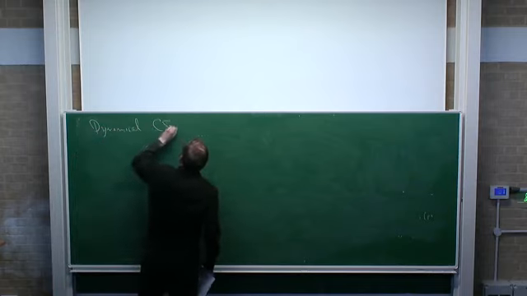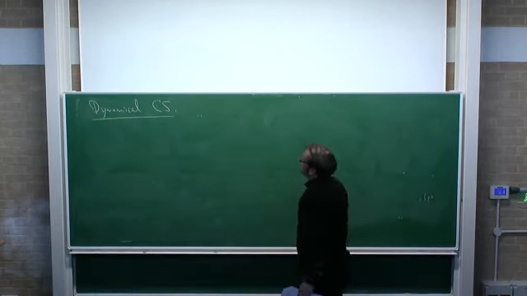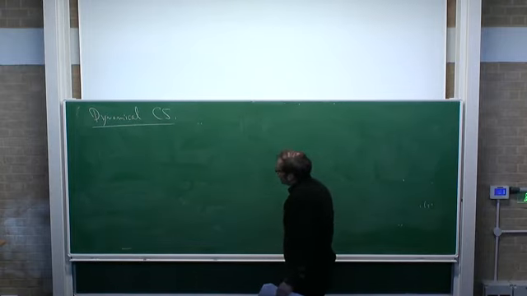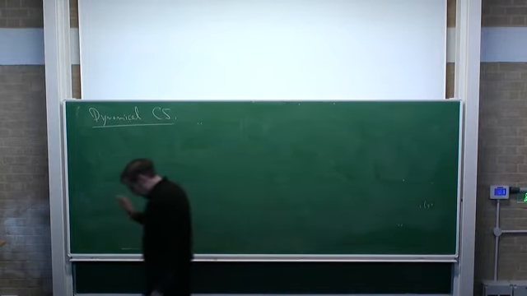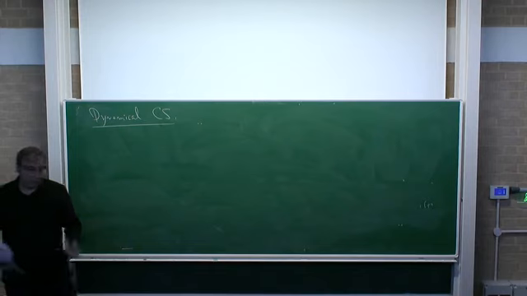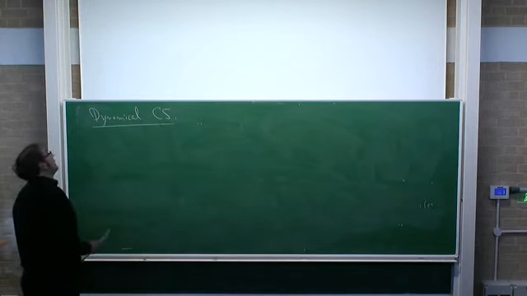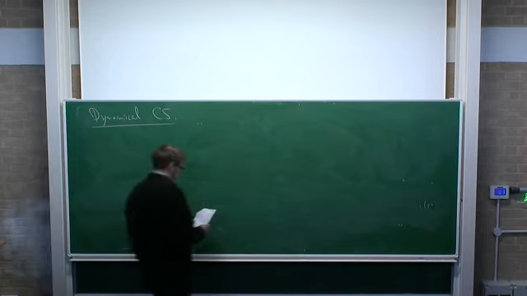Dynamical Cuntz semigroup. Okay. So here we want to basically show the first condition in the Toms-Winter conjecture. We want to establish classifiability by showing strict comparison.